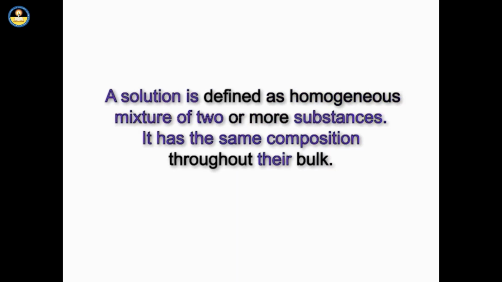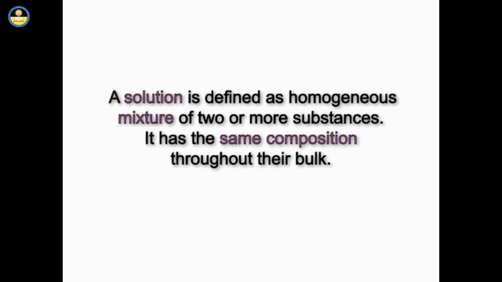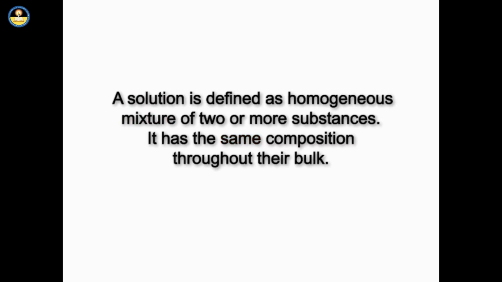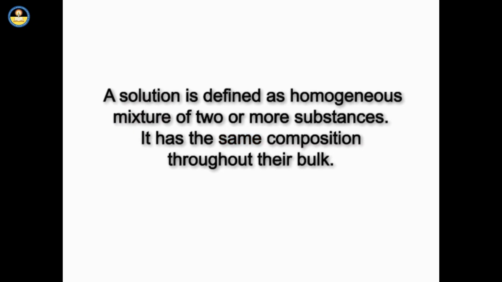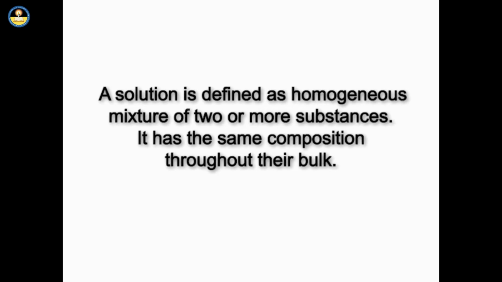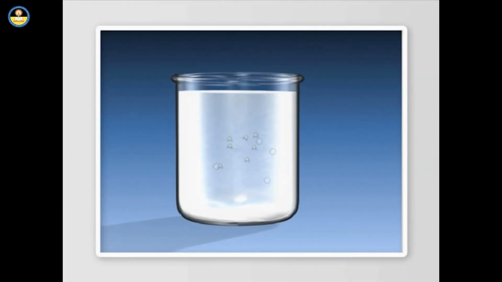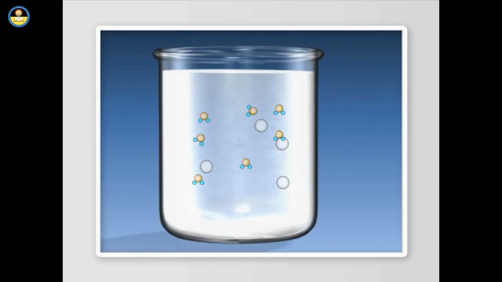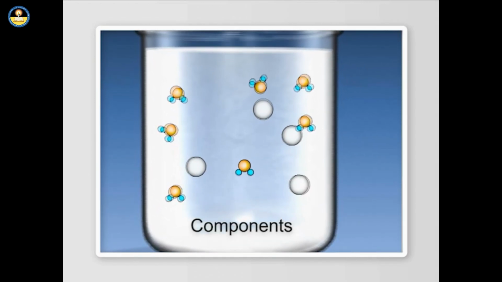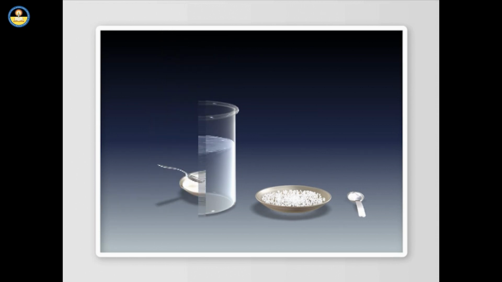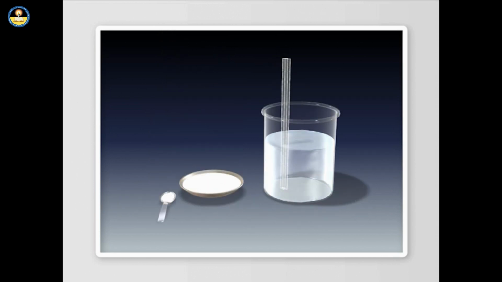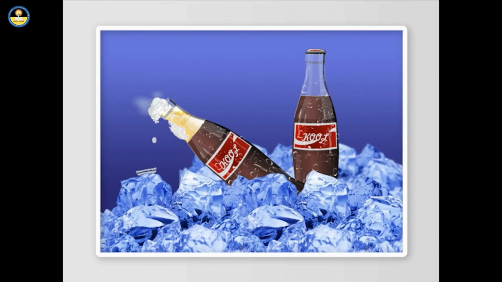A solution is defined as a homogeneous mixture of two or more substances. It has the same composition throughout its bulk. The substances present in it are called its components. The components can exist as solid, liquid, or gas.